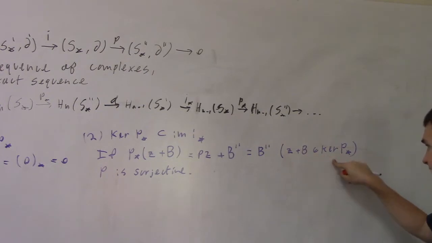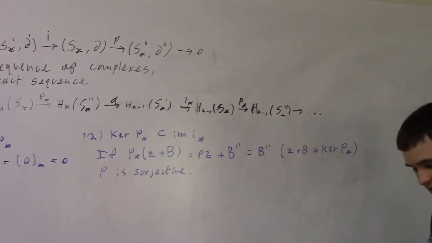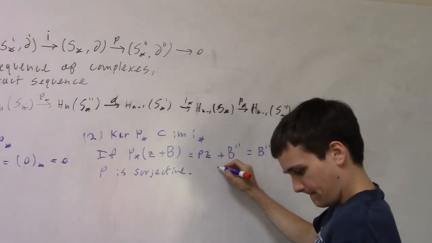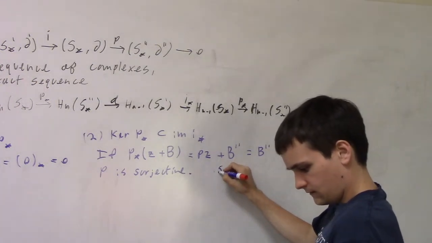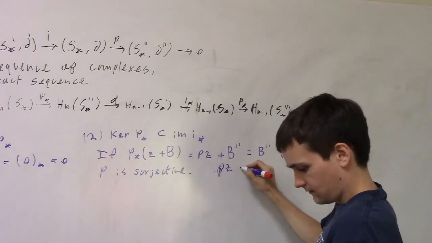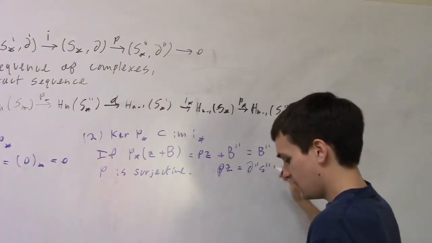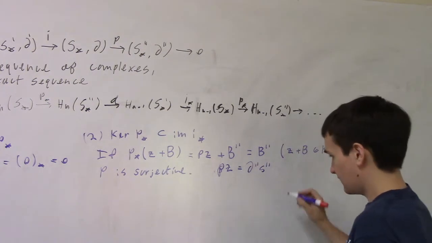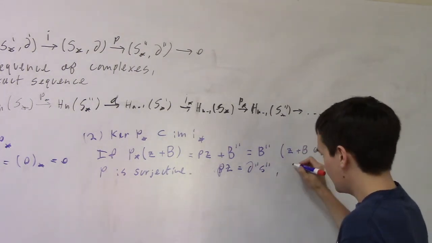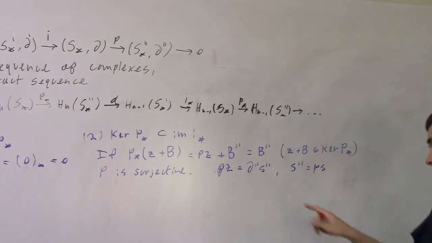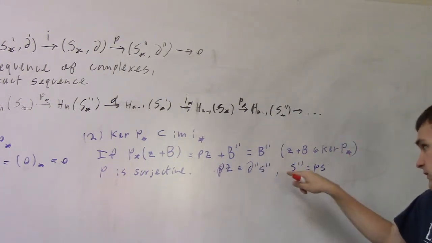Because Z is in the kernel of this map, that tells us that PZ is equal to the boundary of some S prime prime. And then because P is surjective, that gives us an S such that S prime prime is equal to PS. Right, because this tells us that this is a boundary.